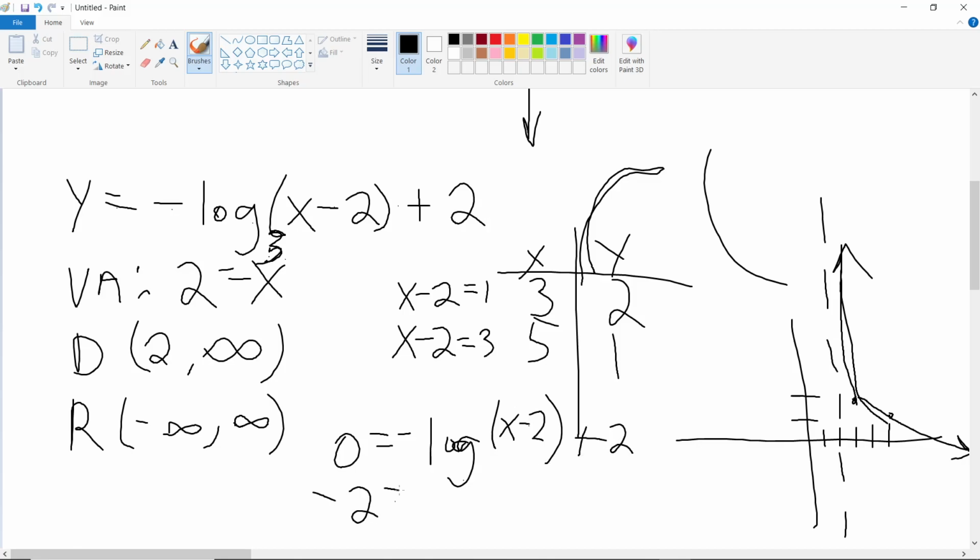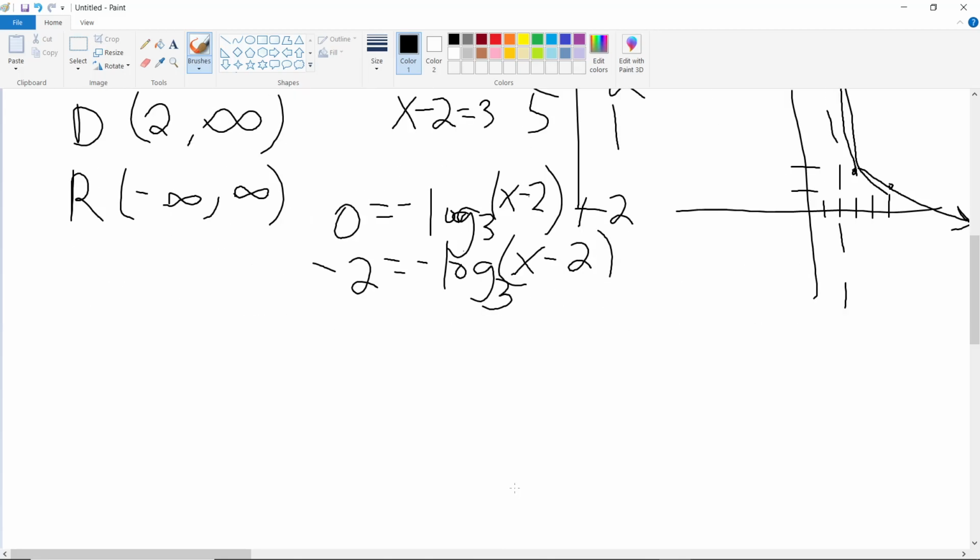Negative 2 equals negative log of x minus 2. It was log base 3. I keep forgetting to write the base. And so I'll divide both sides by negative 1: 2 equals log base 3 of x minus 2. Now I can do the hook.